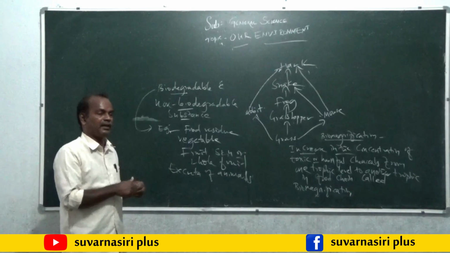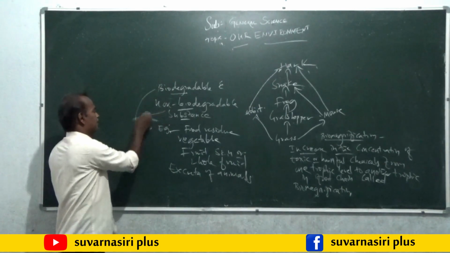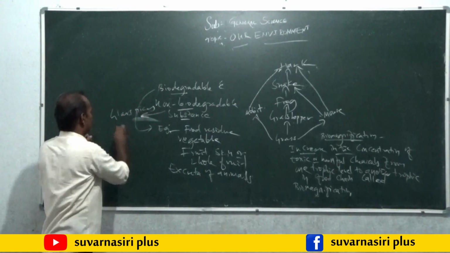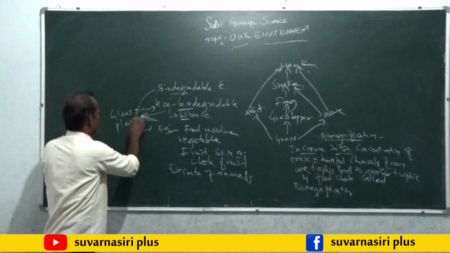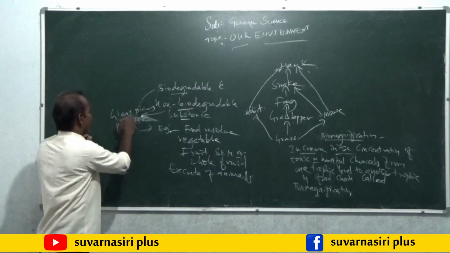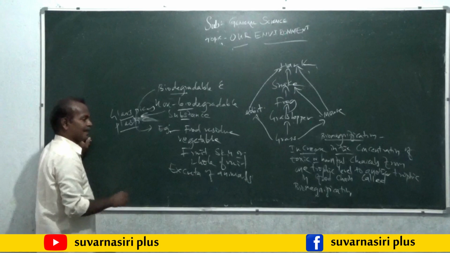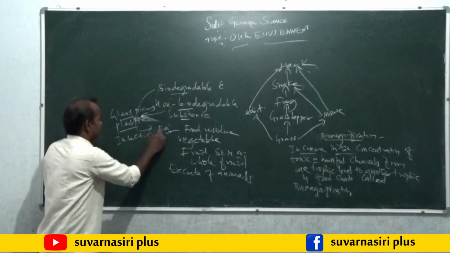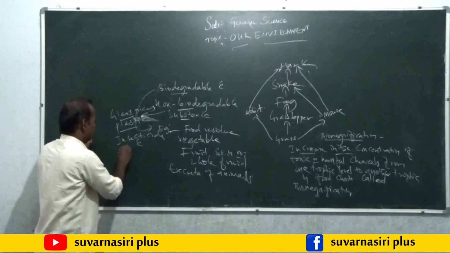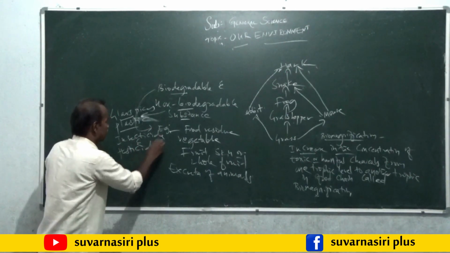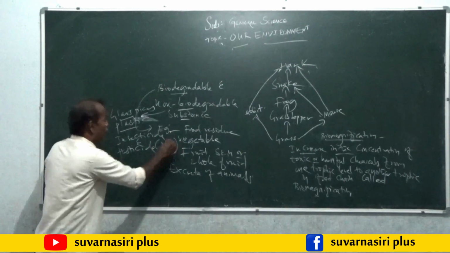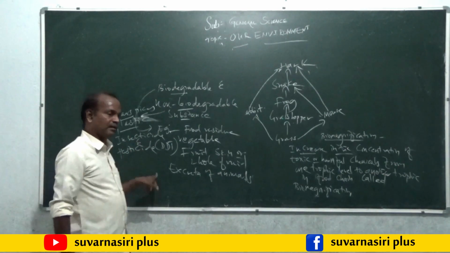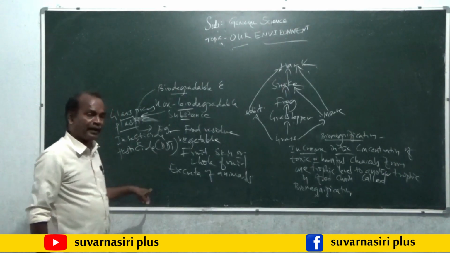Examples of non-biodegradable substances are glass pieces, plastic, and the residues of insecticides and pesticides, like DDT. All these are examples of non-biodegradable substances and they are not eco-friendly.